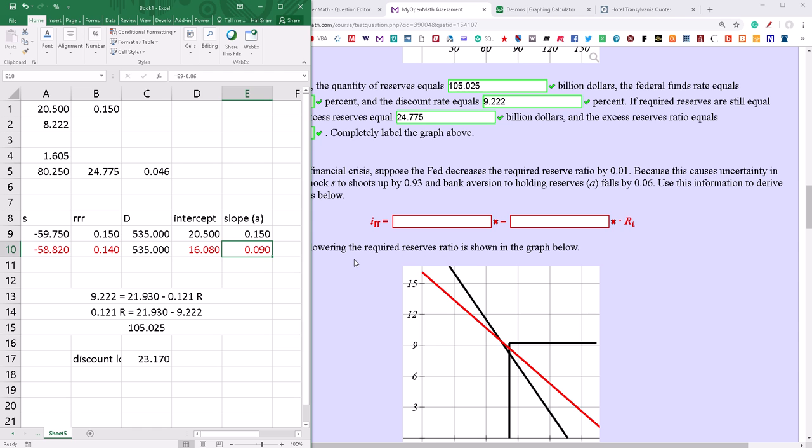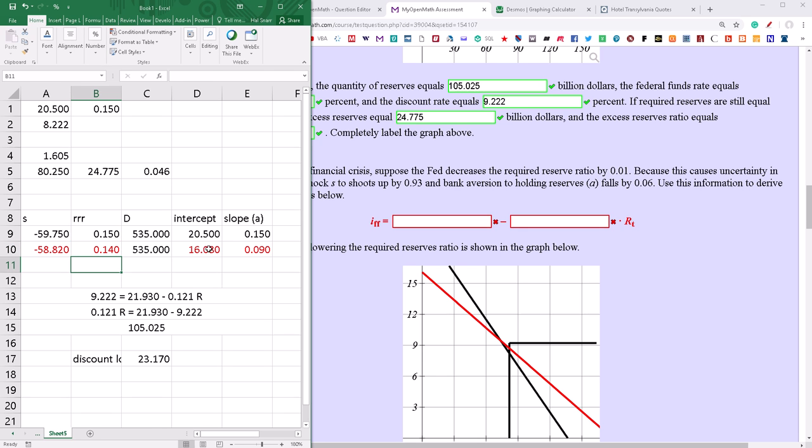We're holding everything else constant. The aversion to holding excess reserves, the slope, falls by 0.06. The shock parameter increases by 0.93 when the reserve requirement ratio is lowered by 0.01.